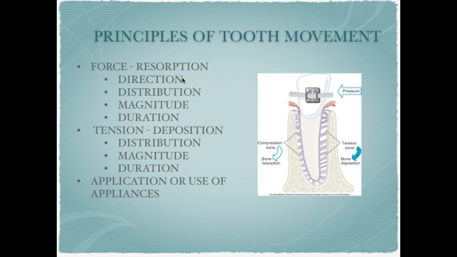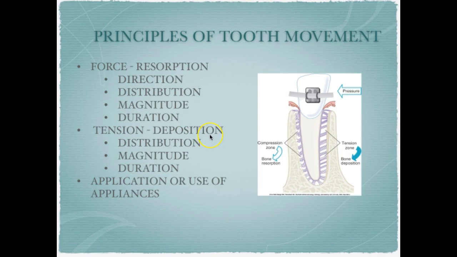It determines the direction that the tooth is going to be moved. The tension on the wire, which is the magnitude, is important. How many teeth are involved, the distribution of those appliances, and how long force is going to be placed on the teeth in order to move them.